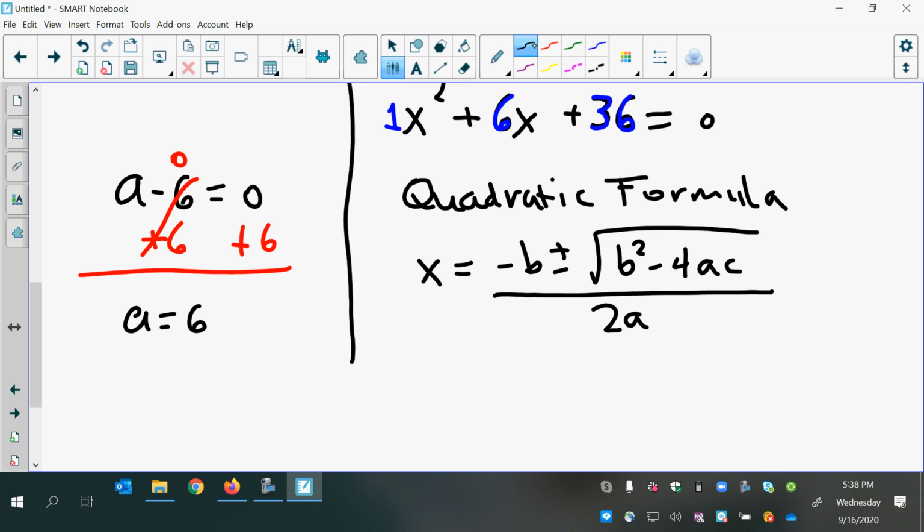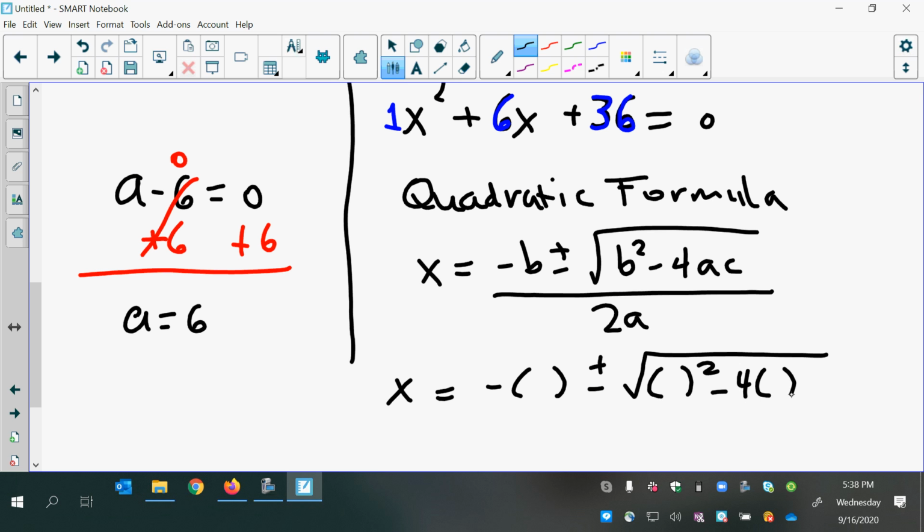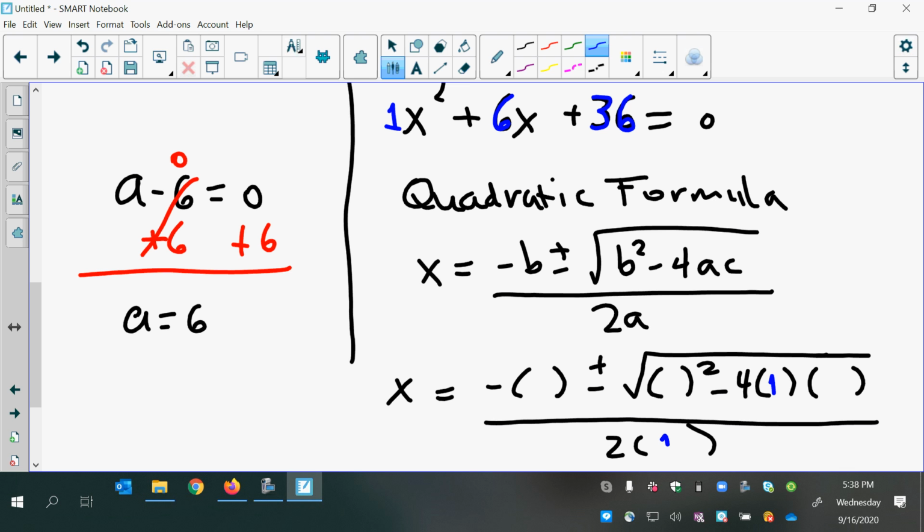Okay, so now we have x equals negative b plus or minus. I like to create an empty shell where I can plug everything in. Okay, and then let's take our values. We have a is 1, and that goes here and here.